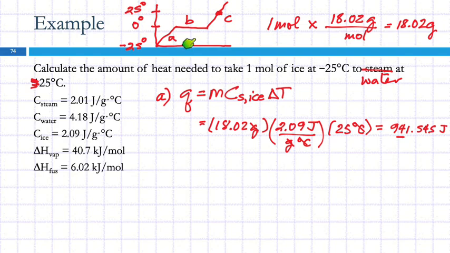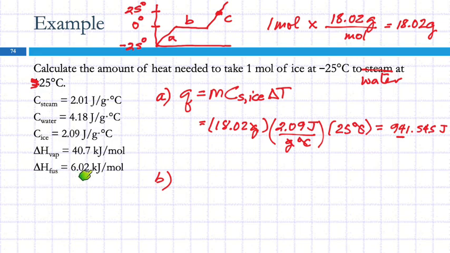The next part here, this represents the melting of the ice. So we're not really using an equation here. We're using a heat of reaction, essentially. We want the heat of fusion because the water is fusing, it's melting, the ice is melting.